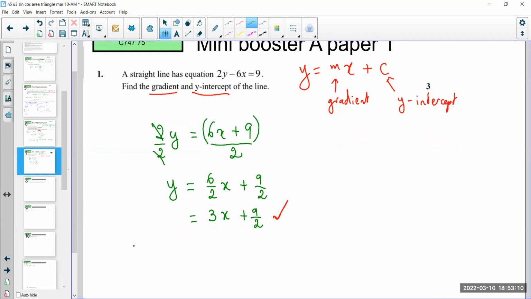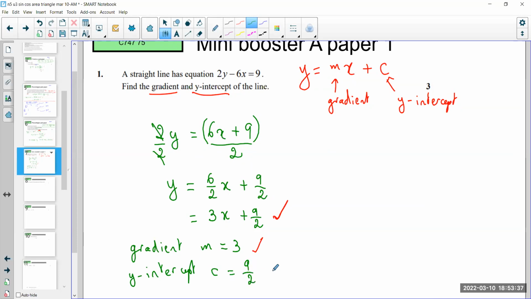You would just say gradient m equal 3. That'll be another mark. And y-intercept, to get your third mark, y-intercept, c in my case, is 9 over 2.